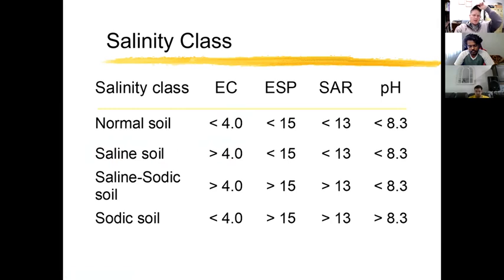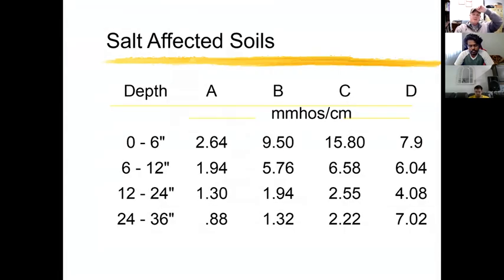So let's look at a couple of salt-affected soils and let's determine whether these are saline or they're normal. So let's look at soil A, okay? At the surface, we've got a 2.6. And as we work our way down, it's a 1.9, 1.3, and a 0.88.